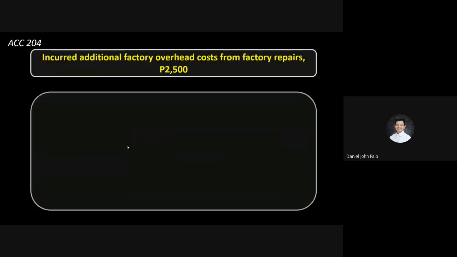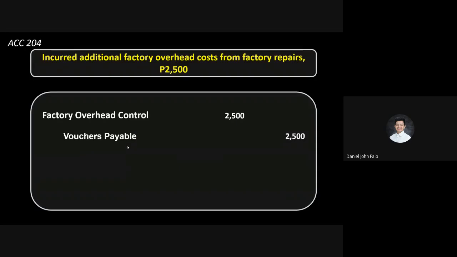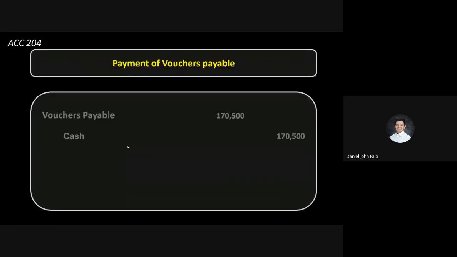Next, incurred additional factory overhead cost from factory repairs, about 2,500. So that would be debit factory overhead control for 2,500, and then credit vouchers payable 2,500. Next, for the payment of vouchers, we're going to debit vouchers payable 170,500 and credit cash 170,500.